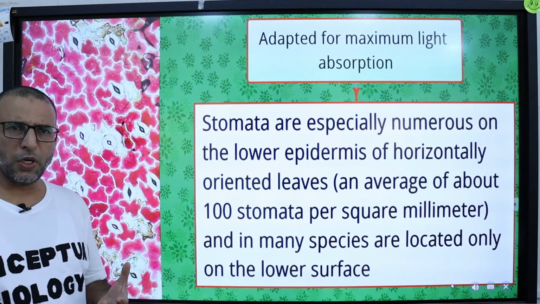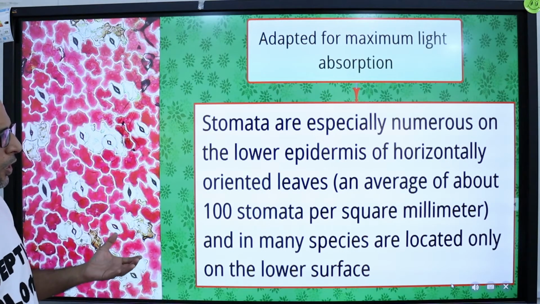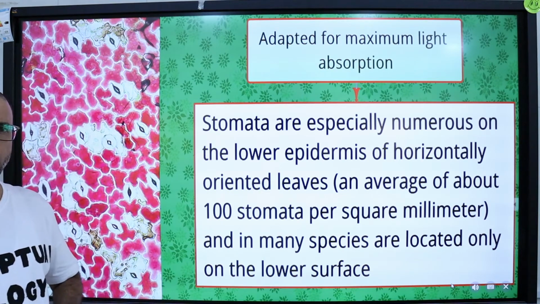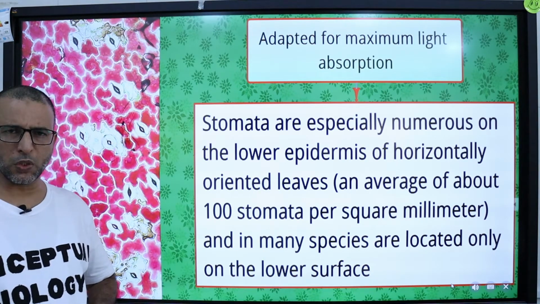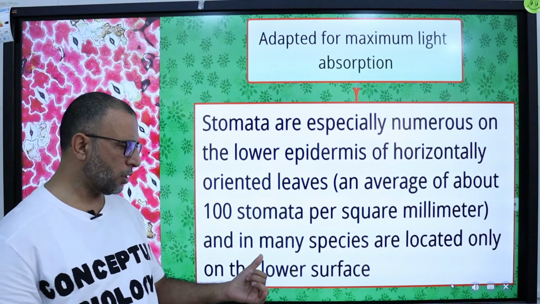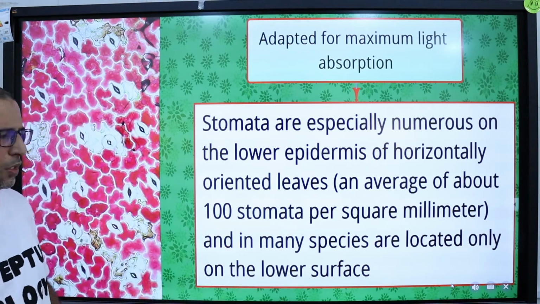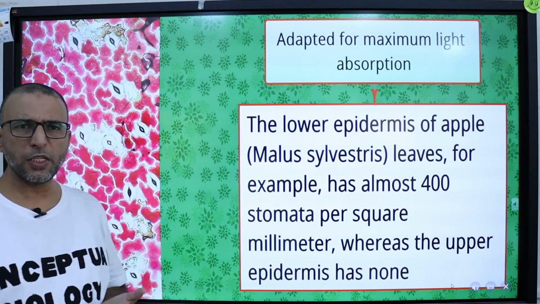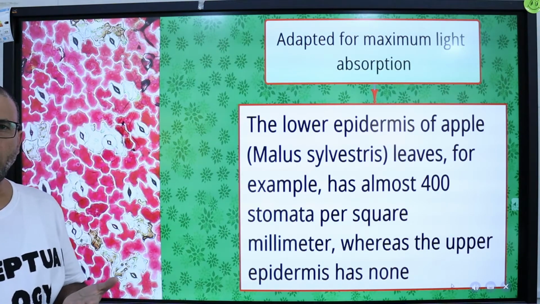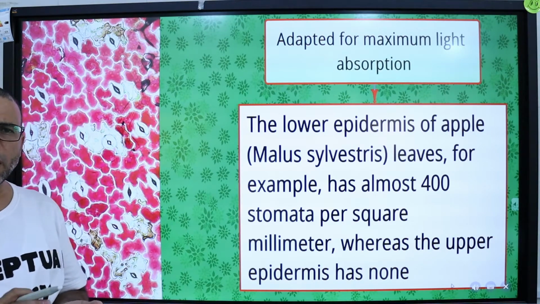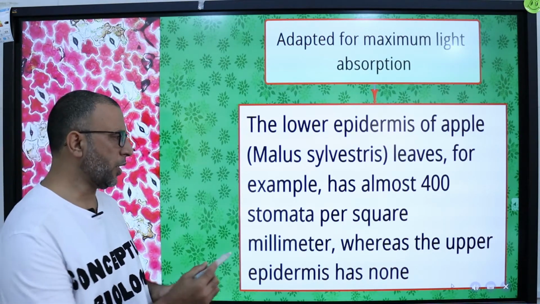Stomata are especially numerous on the lower epidermis of horizontally oriented leaves, on average about 100 stomata per square millimeter, and in many species they are located only on the lower surface. The lower epidermis of apple leaves, that is Malus sylvestris, has 400 stomata per square millimeter, whereas the upper surface has none.